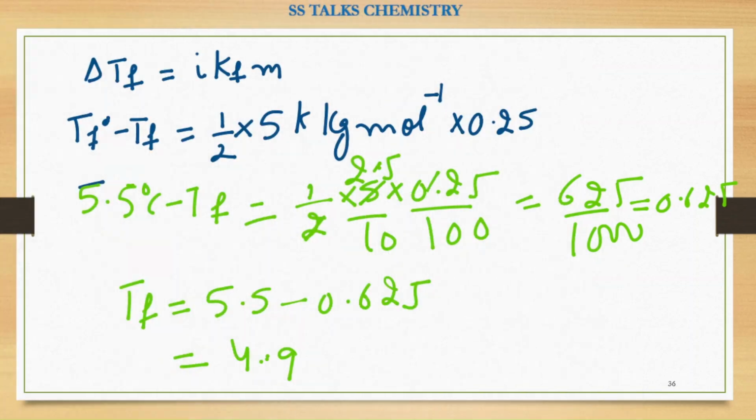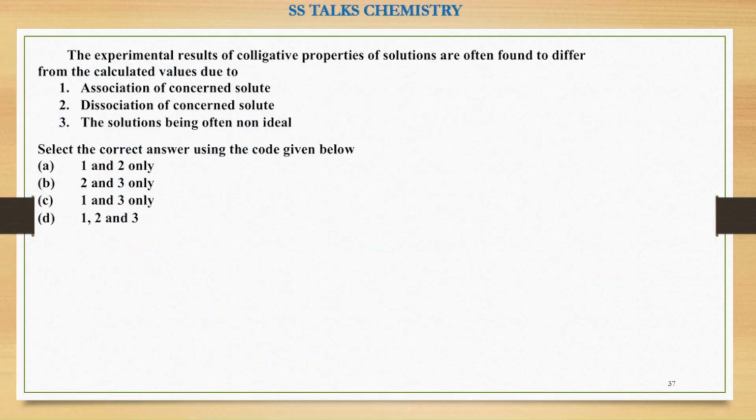Moving on to the next question, we have this one. It says the experimental results of the colligative properties of solutions are often found to differ from the calculated values. That is what I was saying: with the colligative properties, be it elevation in boiling point, depression in freezing point, or osmotic pressure, we include this I value, called the Van't Hoff factor.